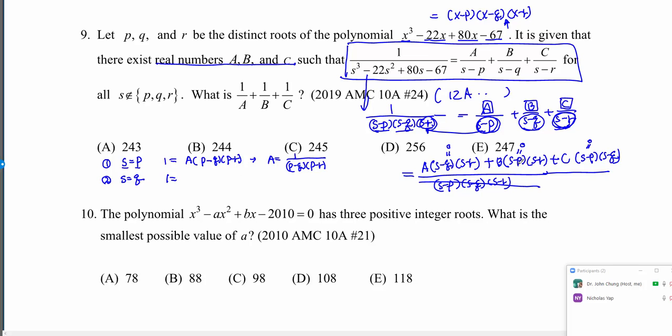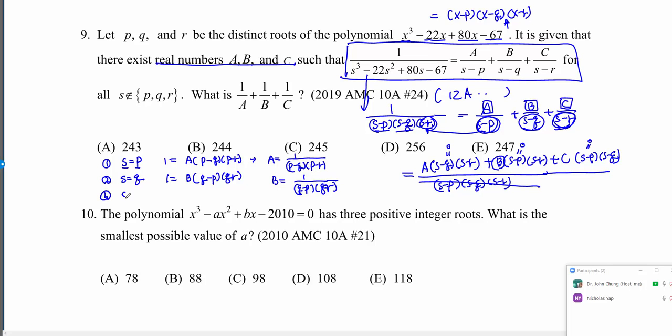There's no S minus Q over here, so this one is alive. With S equals Q: Q minus P and Q minus R equals B. So B equals 1 over Q minus P and Q minus R.